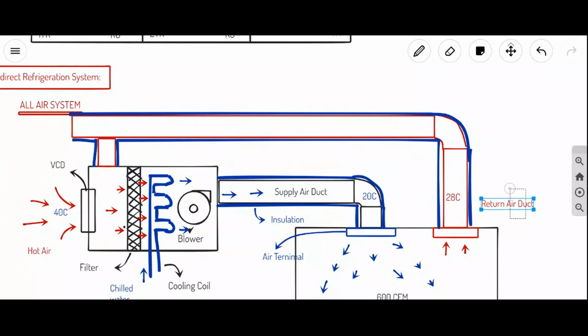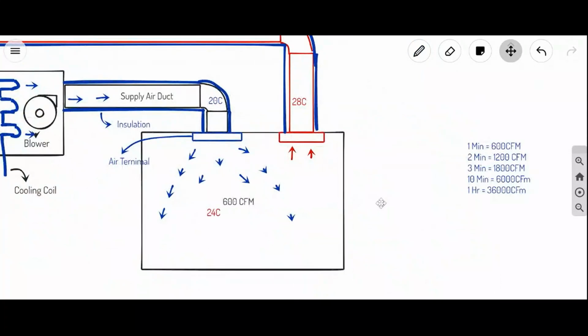Now, in every cycle, if we are reusing this air, every minute we are reusing the air.